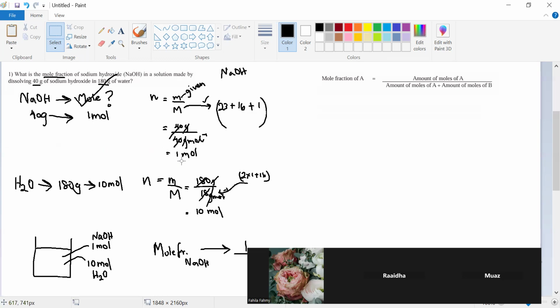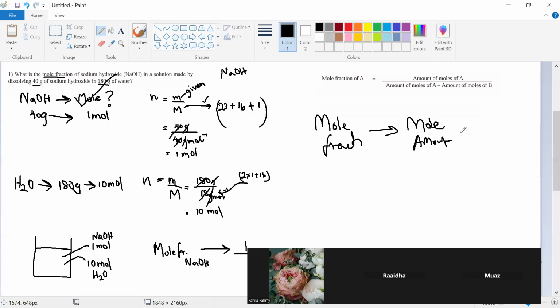In order to find the mole fraction, what do you need? You need the amount of moles. But the question doesn't have the amount of moles at all.